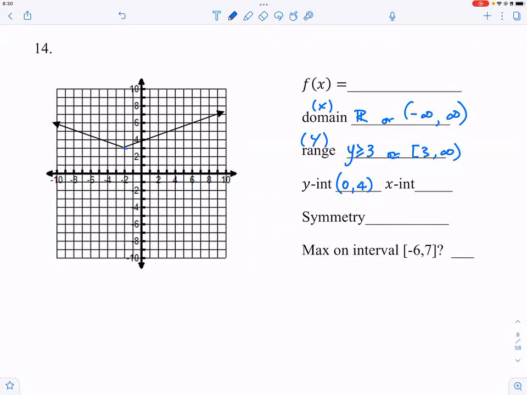So if you are given an equation and the task was to find the y-intercept, what would you do? You will simply put the 0 into x because that's what it is. It's a very simple fact. All y-intercepts would have an x value of 0.